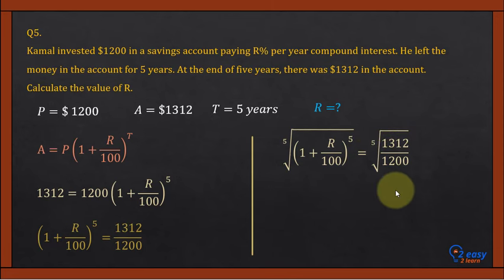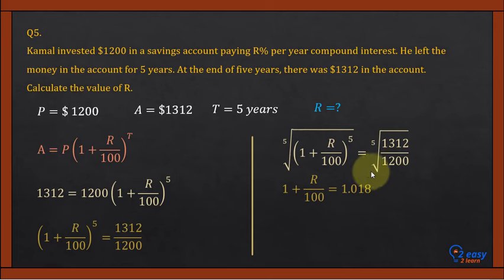When you use your calculator, you will take the fifth root of this fraction. You will get 1.018, and this power will be cancelled by the fifth root, and this bracket will come out of the power. So it will become 1 plus R over 100 equal to 1.018.